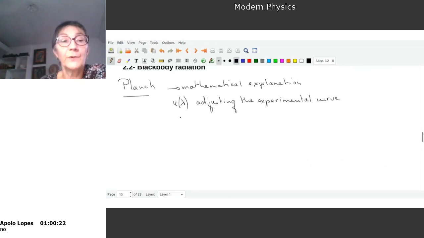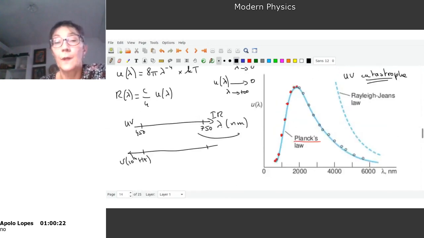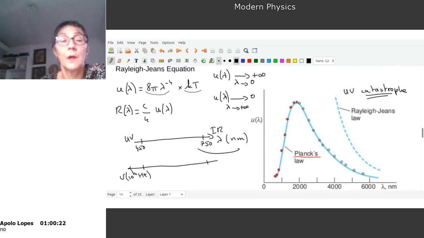And so you see, we don't have a lot of freedom here to find a new explanation, because two things were supposed to calculate u: the number of modes in the cavity, and the mean energy of these modes. Some people tried to work on this part to see if it was really this one. And classically, we had this kT.